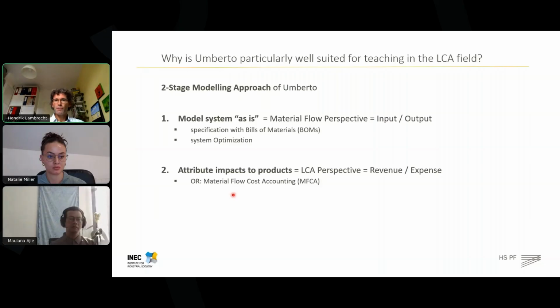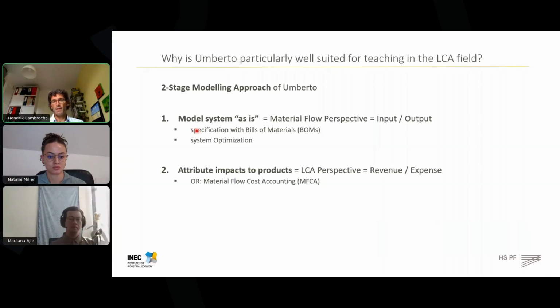And these two stages allow us first to be more flexible in the modeling approach. This is what Maulana already introduced. So for example, we can use product orders or bills of materials to specify the system. We can also use those basic models to do, for example, system optimization, which you can't do if you are starting with the LCA model.